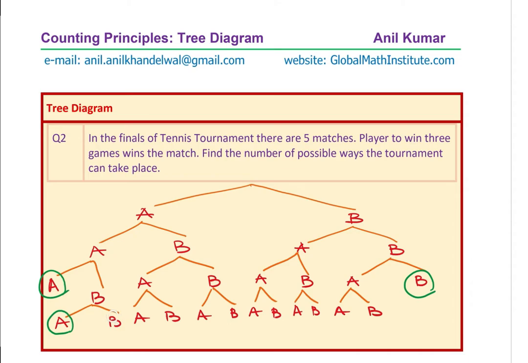But here B needs to be extended since there are 2 wins for each, right? And there again in this path A wins, but then B could be extended. And in this case, B has won 3 matches. Now similarly, if you go on the other side, we have A as a winner and then B. It is kind of equal for both of them. And following this path, we have B as a winner and the other path B as a winner. So we have to have another set for some branches as being drawn here, correct?